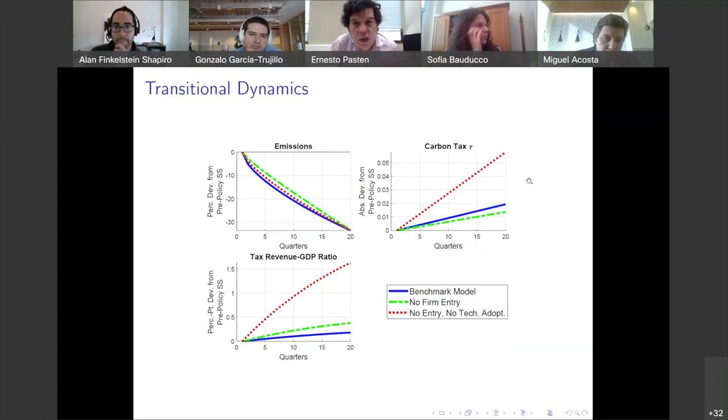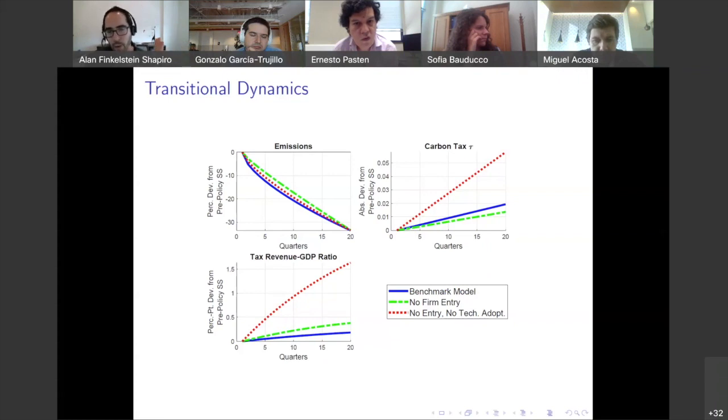Yep. Quickly, one question: why is it that the carbon tax has to be smaller when there is no entry relative to the benchmark? So part of that is, if I recall correctly, when you have models with endogenous firm entry, you have to think about the welfare-relevant way of measuring the price level versus what will be in the data when you don't have these love of variety effects.